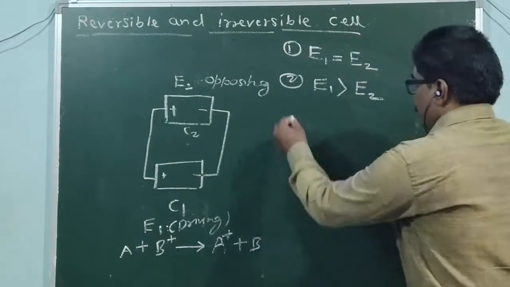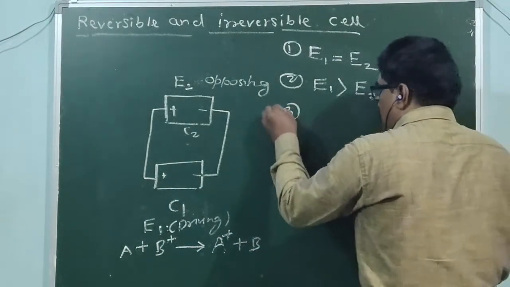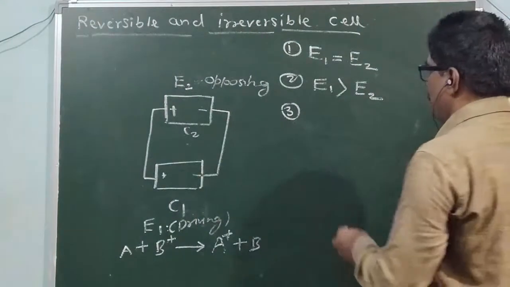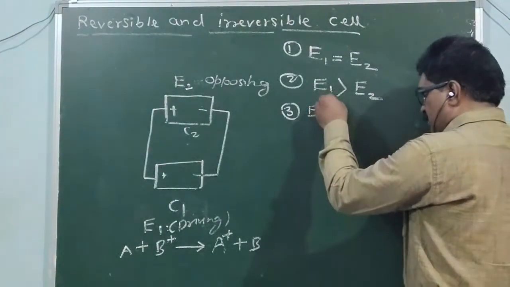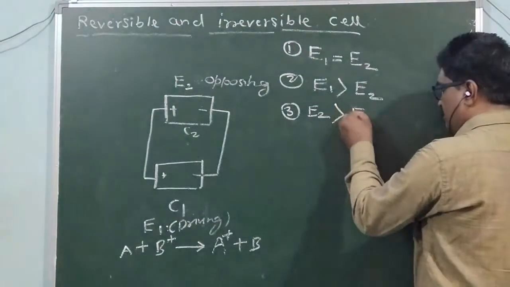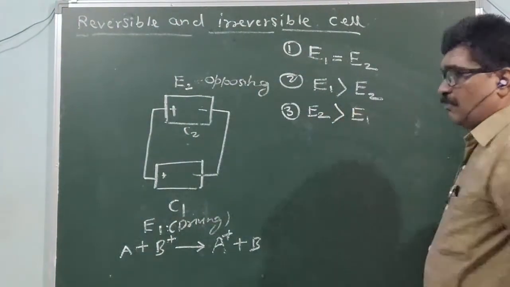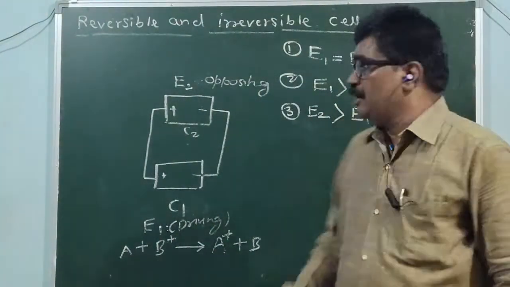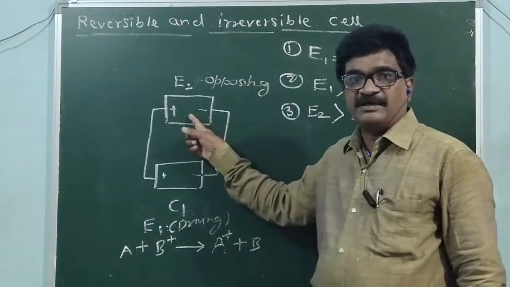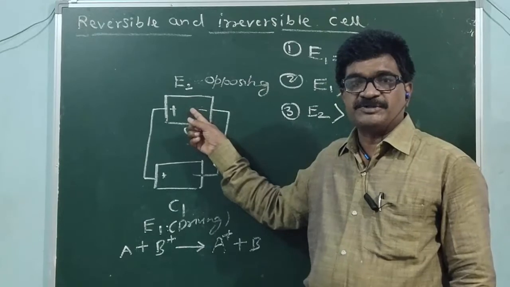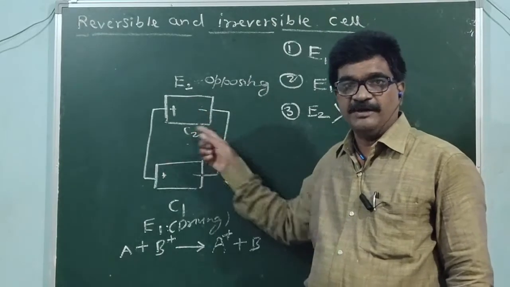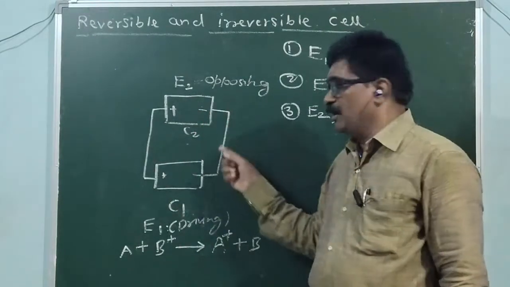Now in the third case, if the opposing EMF E2 is greater than E1. Now what happened here? Now this cell takes command over the circuit, and it is now responsible to flow the current into the circuit. So what happened here?